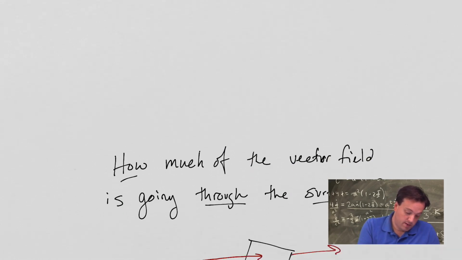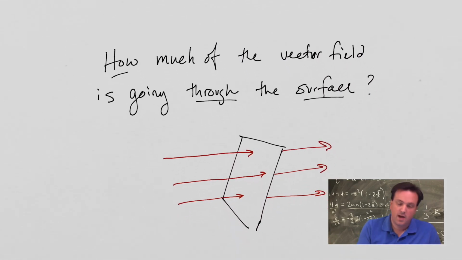And how you want to think about it is how much of my vector field is actually going through my surface, right? So in this picture, I have a rectangular surface, I have a red vector field, and I can think about, well, what is the total integrated strength of that vector field as it crosses over that surface?